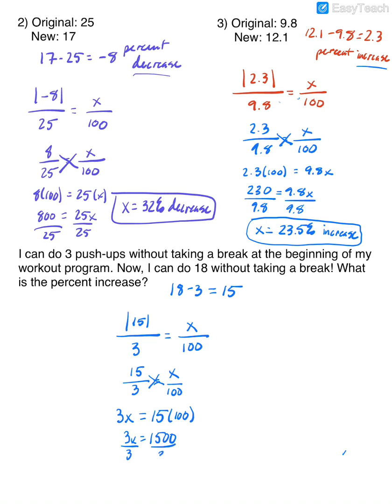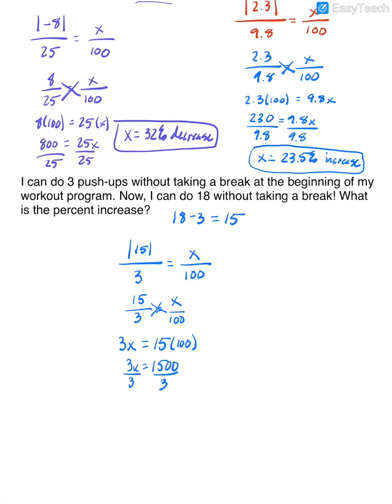Divide both sides by 3. So here, x would be 500. So here would be a 500% increase based on that. Okay? Have fun.